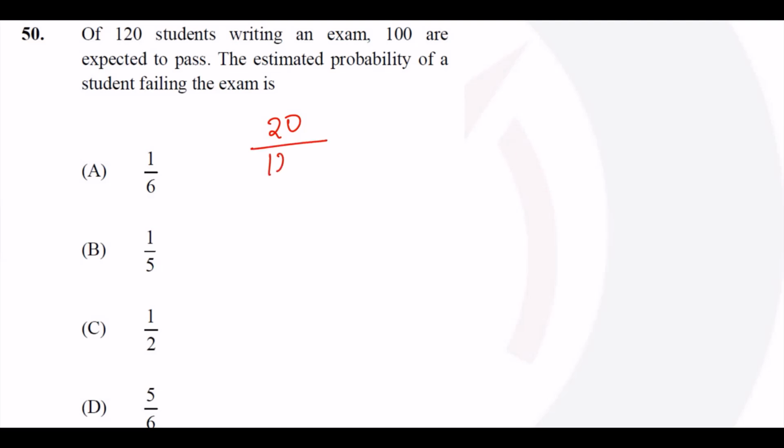So 20 out of 120. We just give basic: 20 into itself is 1, and 20 into 120 goes 6 times. So our answer is going to be 1/6 is estimated to fail. So that's going to be A.